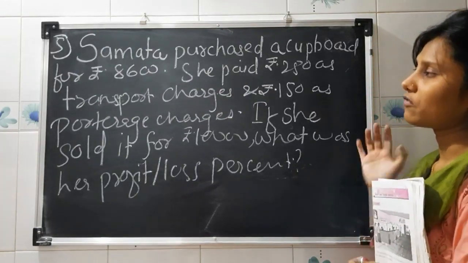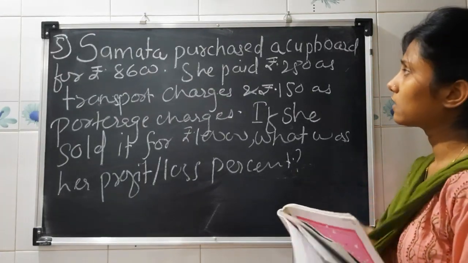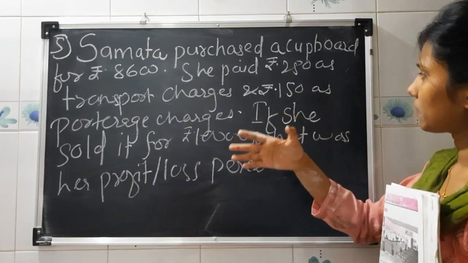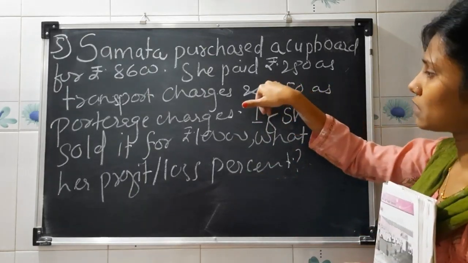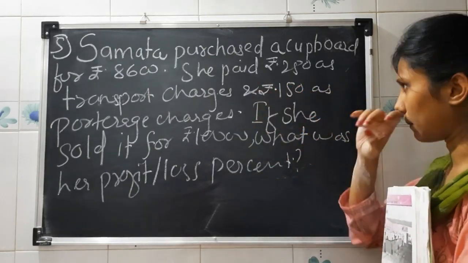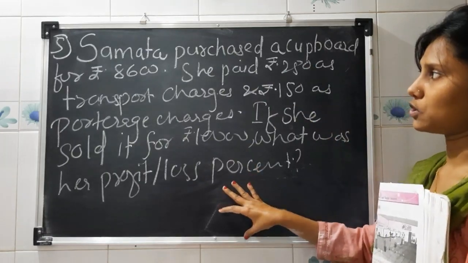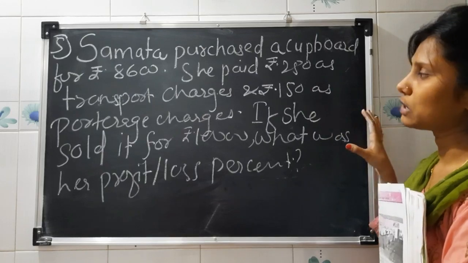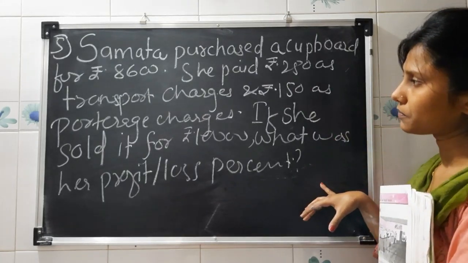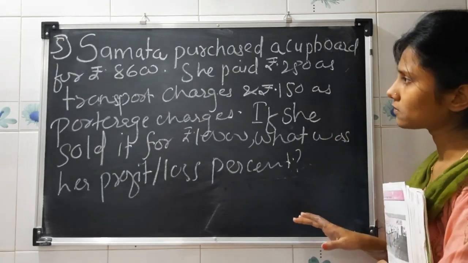In this question they have given you various things like the cost price of the article, then transport charges, porterage and the selling price. For such kind of information you have to frame the question in this way. Okay, understood?